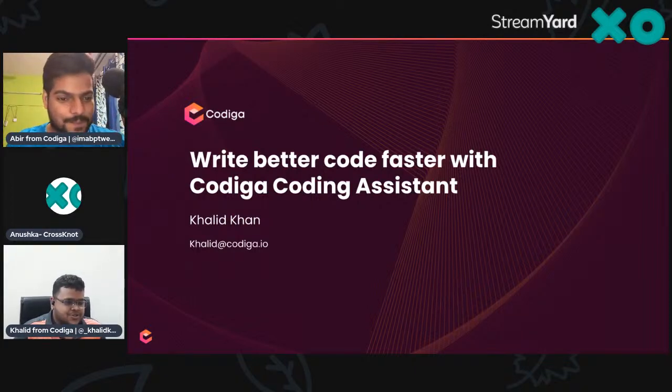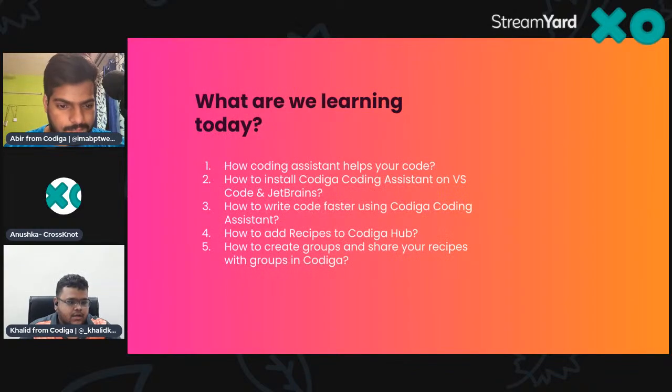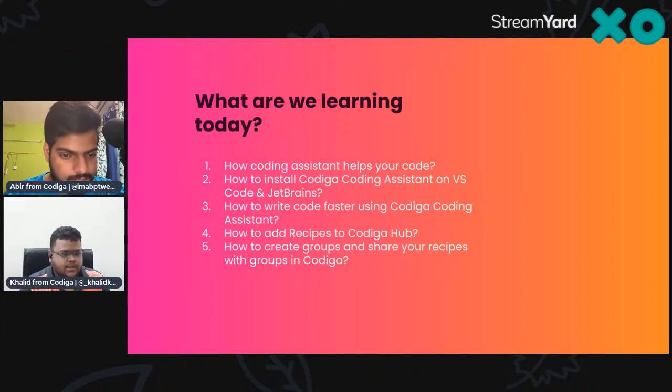Yeah. Sure. So, the vision of Codiga is to help developers write better code faster. What do we mean by better code faster? Let me give a short introduction about Codiga. Before that, let us see what we are learning today. First, how a coding assistant helps you to code. Second, how we're going to install the Codiga Coding Assistant on VS Code and JetBrains.